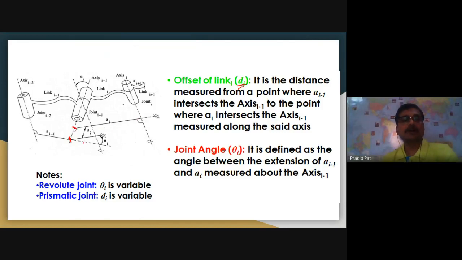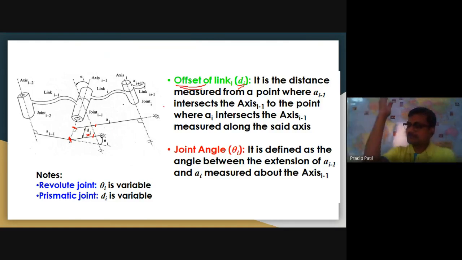Now what I will do is transfer a i to the point of intersection of a i minus 1 with the axis i minus 1. This line and this line are parallel to each other. So wherever the earlier length is intersecting with i minus 1 and where this length intersects with i minus 1, this length is called d i. This is called the offset of the link.